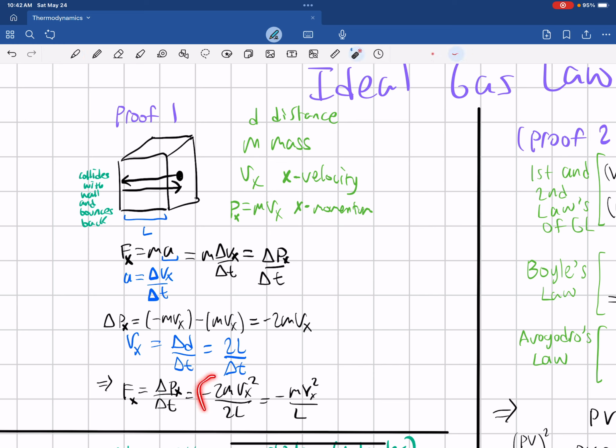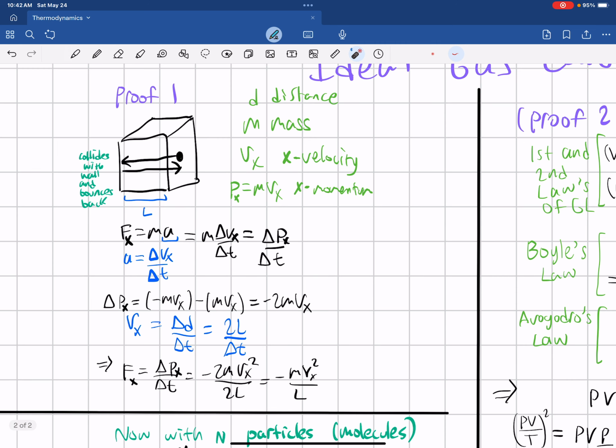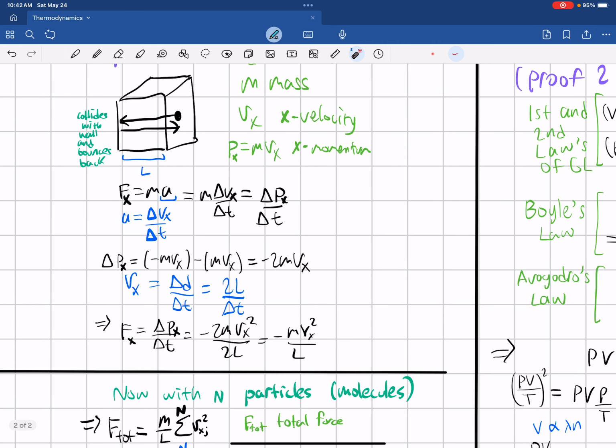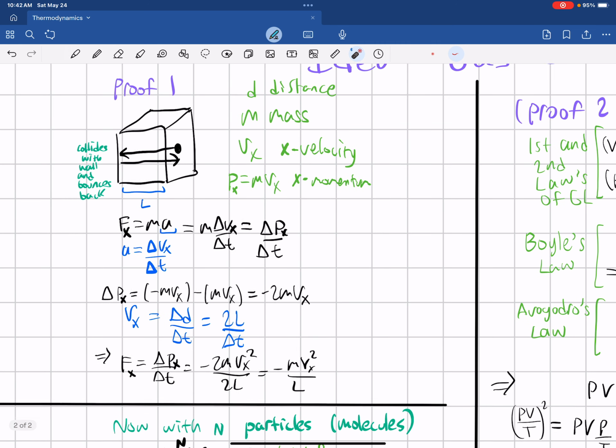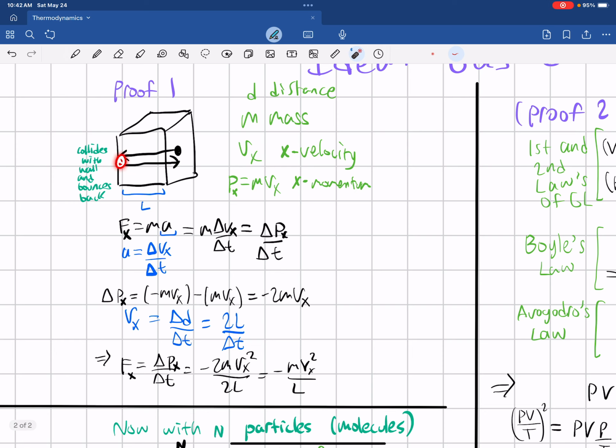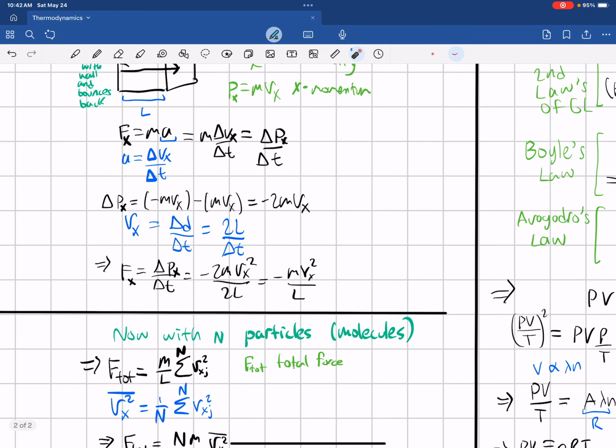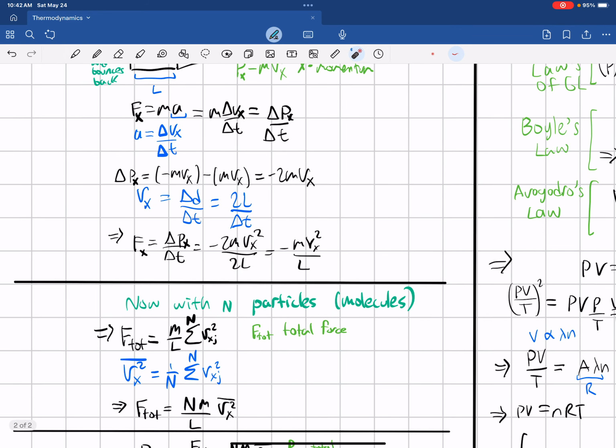Then we get negative 2 mvx squared over 2L. The 2's cancel out, and we get this expression for force. So it's mvx squared over L, negative. We could have done this with the particle going this way and back, and then this would be positive, I think. But it doesn't matter for the purpose of this.